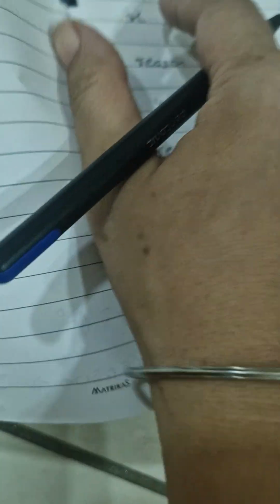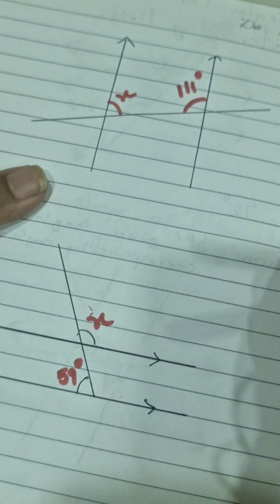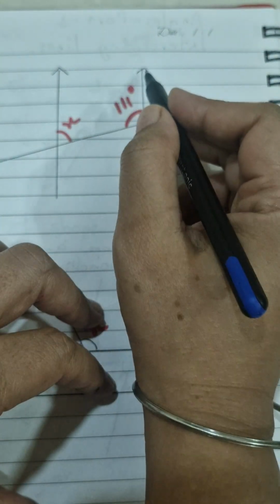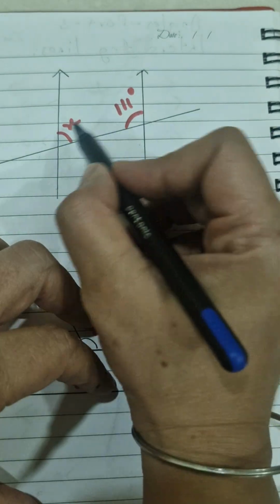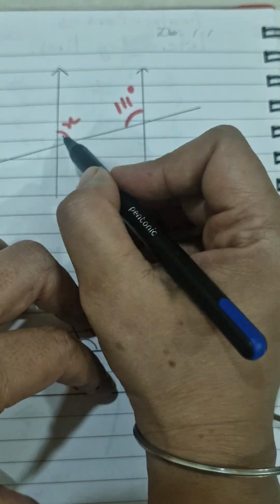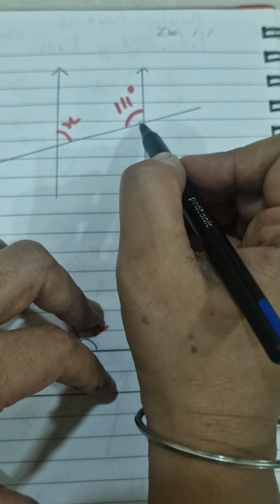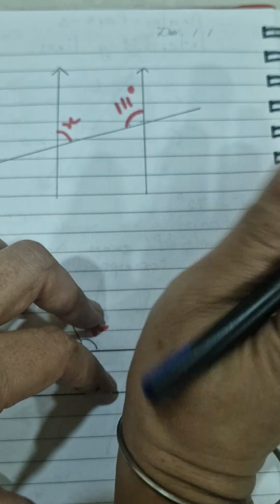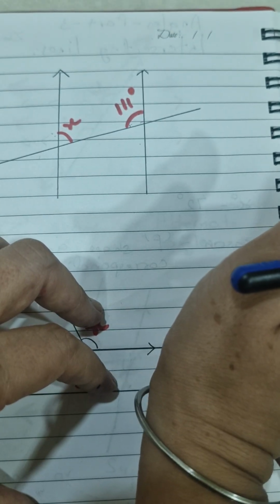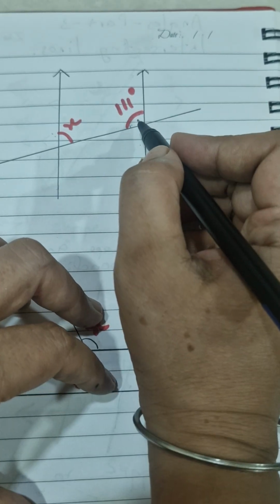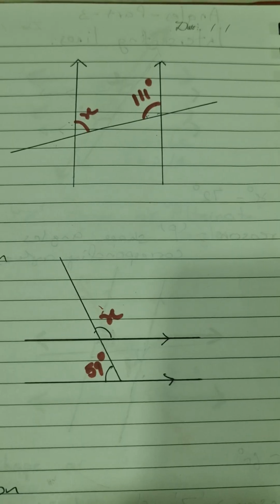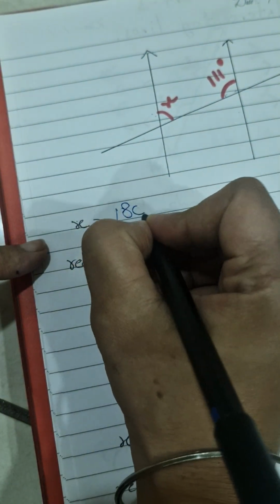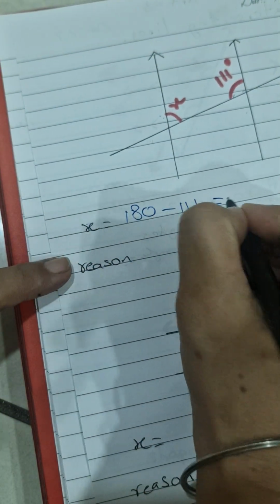Okay, now here you can see the third one. If you remember, we have done this type of angle also in the last part. You can see both are interior angles, co-interior angles. The other name is C-shape angles. Now they both add up to 180 degree. So if one is 111, the other will be 180 minus 111.